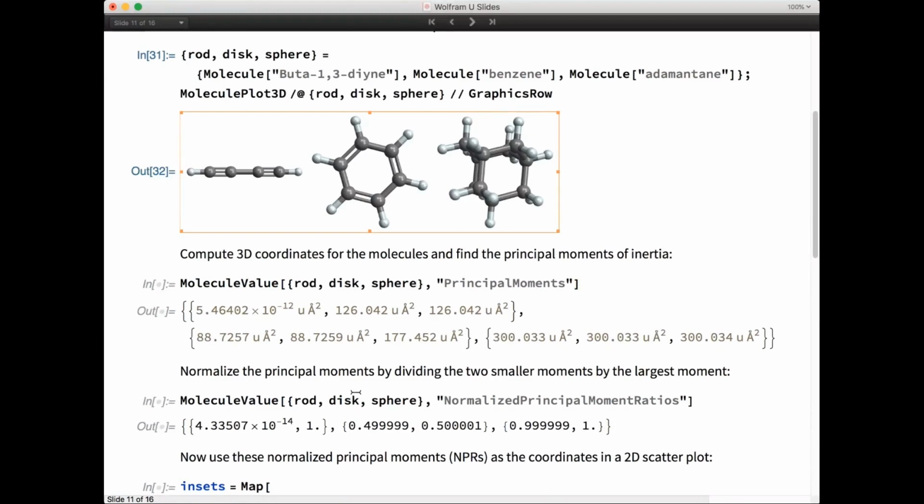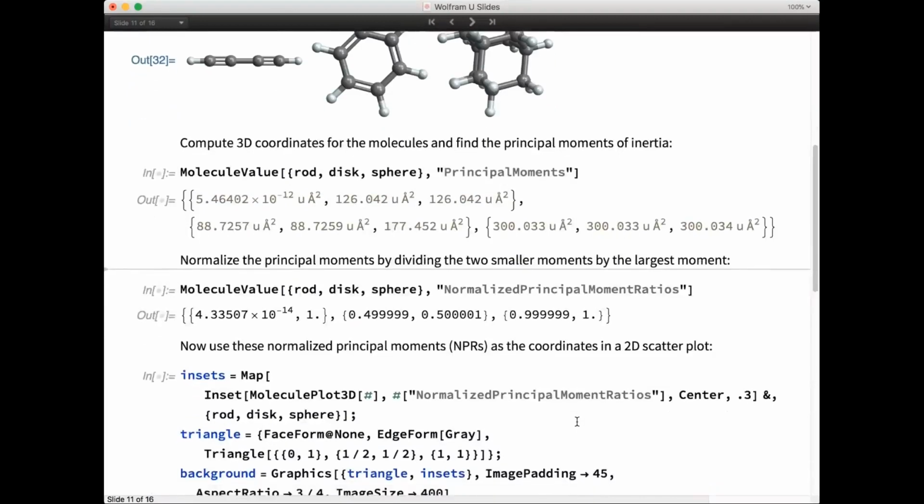Right. So what we do now is we take the principal moments and we divide the 2 smaller moments by the largest, and we end up with the normalized principal moment ratios. Or if you see these in literature, it could be the NPR. So if you look at those for the rod, disk, and sphere, you see it's basically 0, 1, half, half, or 1, 1.